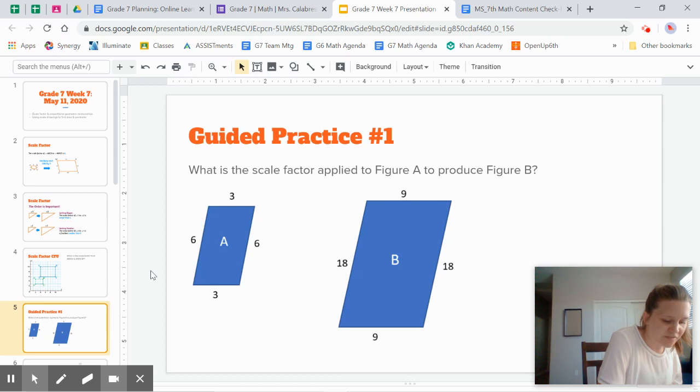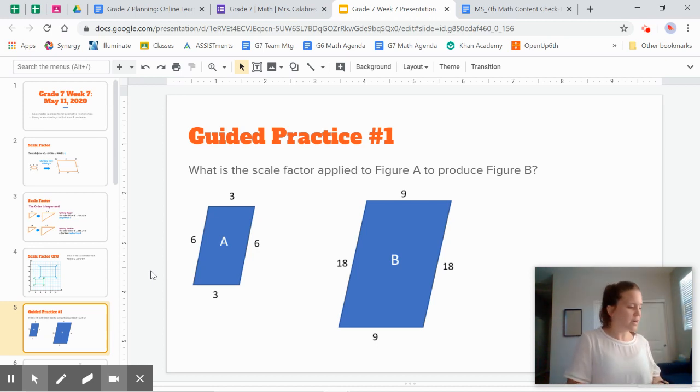Think, is your scale factor greater than 1 or less than 1? Last 15 seconds.